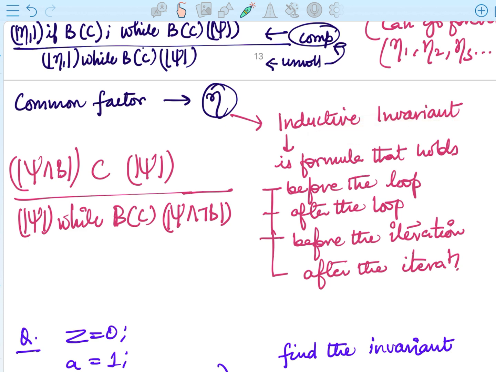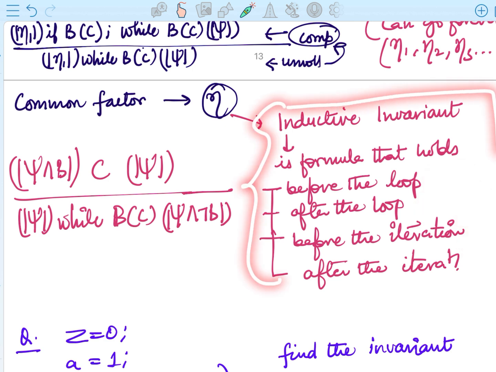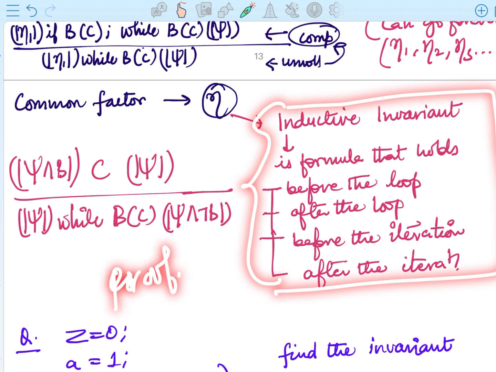Invariant is something that holds true before the loop, after the loop, before the iteration, after the iteration. And the most important point is, we need something that is common, because if something is not common, we will not be able to prove. How will we be able to prove? So finding this commonality is important.